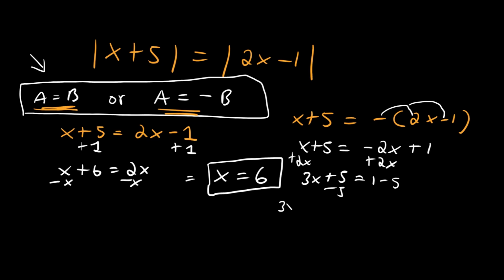That's 3x equal to negative 4. Let me divide by 3 and divide by 3. The answer would be negative 4 divided by 3, and again you can prove this by plugging these numbers into the equation over here. I hope this video helps you to solve absolute value problems.